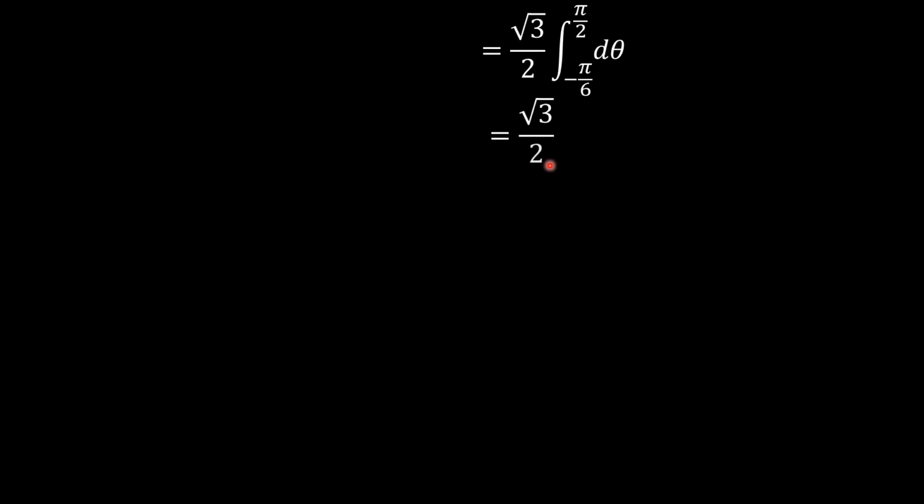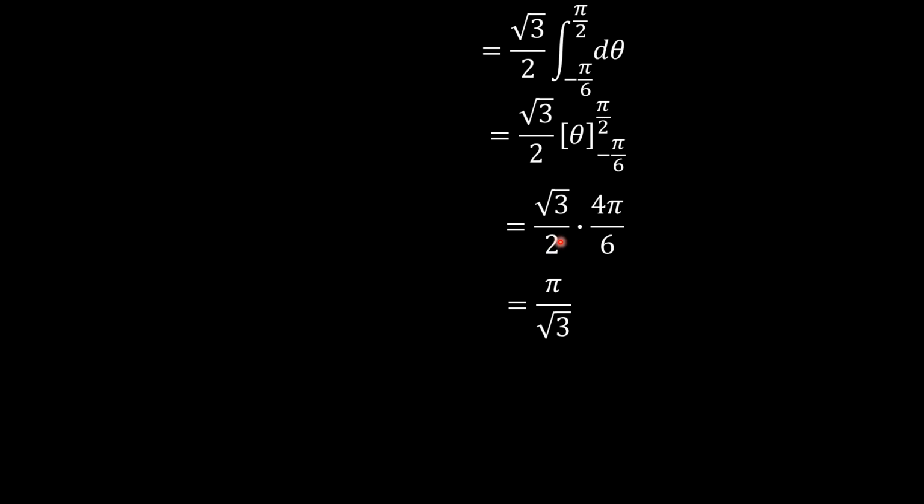So we have root 3 over 2 theta with the limits applied appropriately, and that becomes root 3 over 2 times 4 pi over 6, since pi over 2 minus pi over 6 is equal to 4 pi over 6, and then that can be simplified into pi over root 3, and that is the answer.